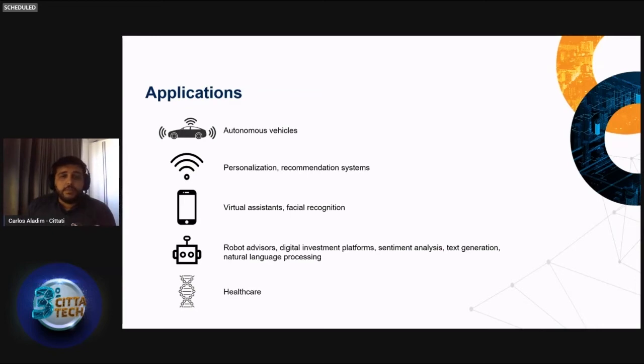In the smartphones area, what I found most interesting were the virtual assistants like Amazon Echo, Google Assistant, Alexa, and Siri from Apple. They are all exploiting deep learning capabilities to build a customized user experience for you.